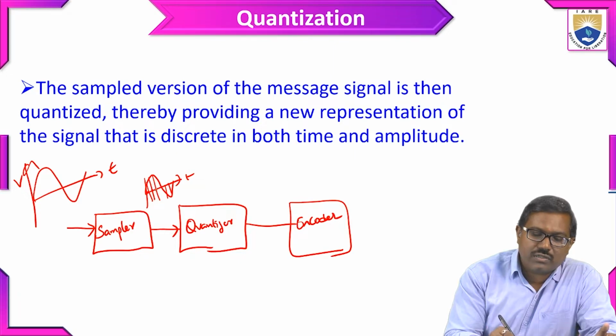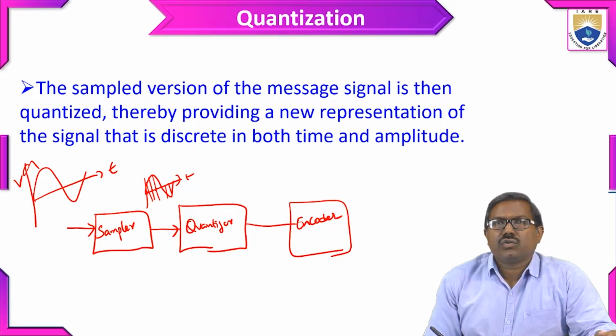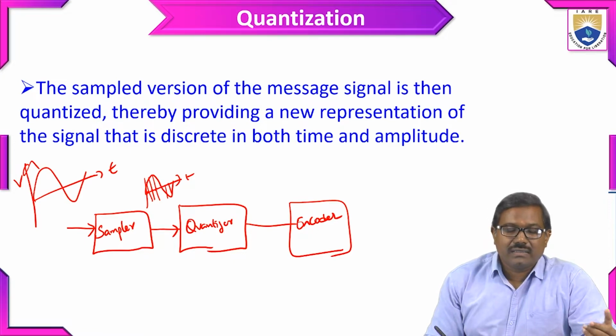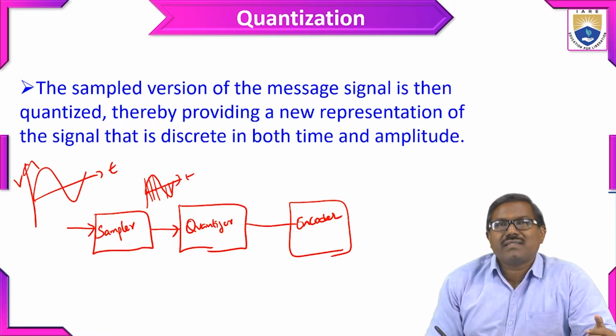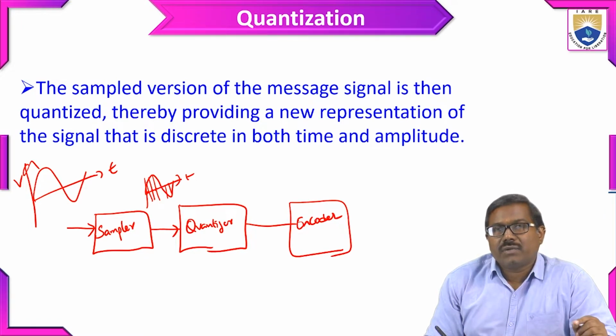These are the discrete instants. That's why I am saying the sampled version of the message signal. Here my input to the quantizer is the sampled version. My time is only discrete, but my amplitude is still continuous.